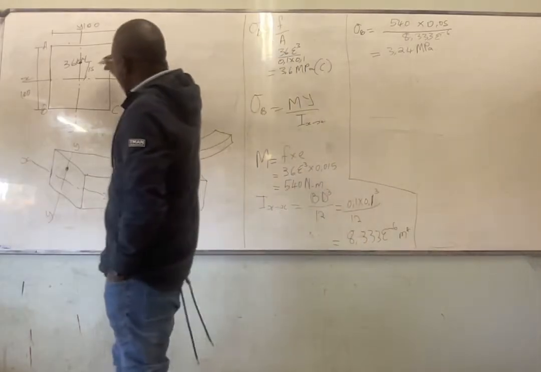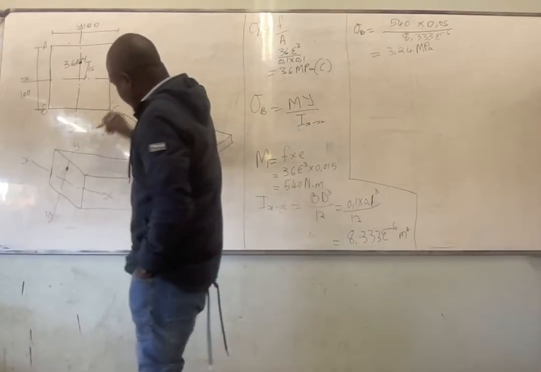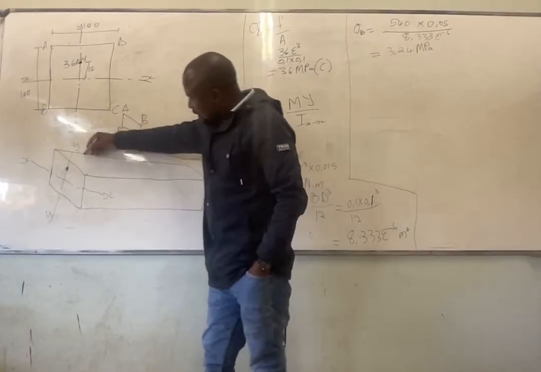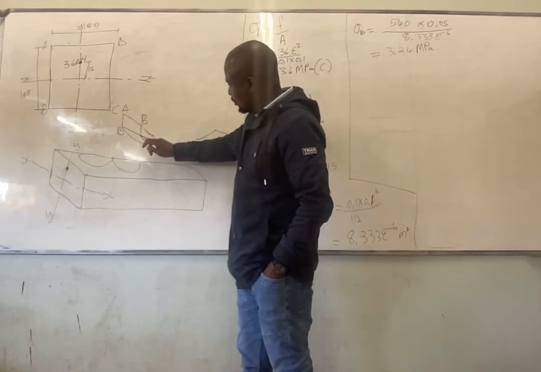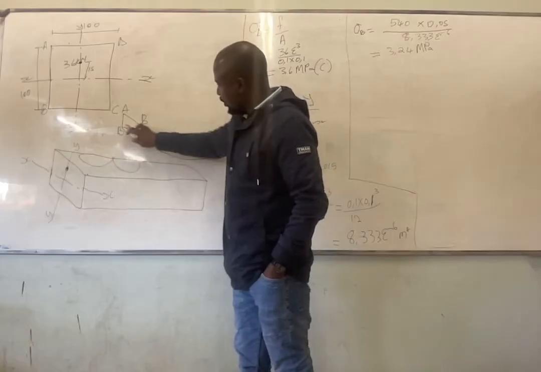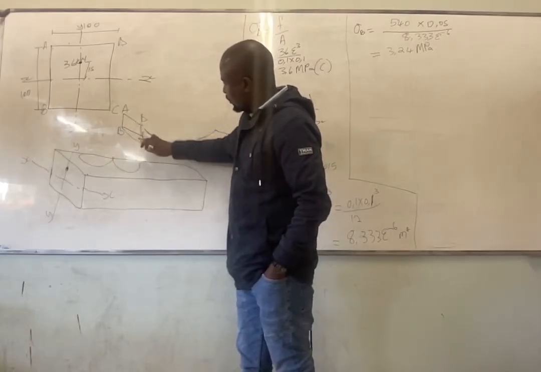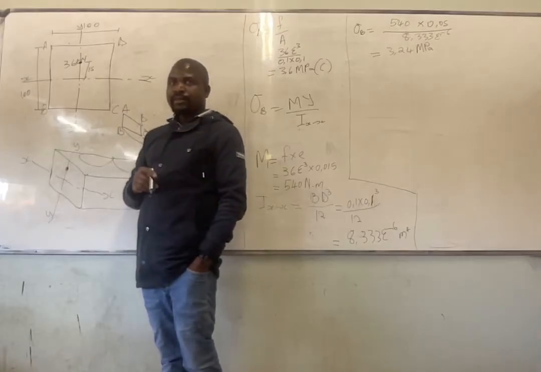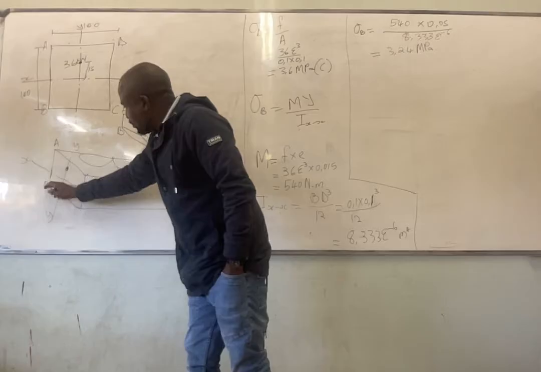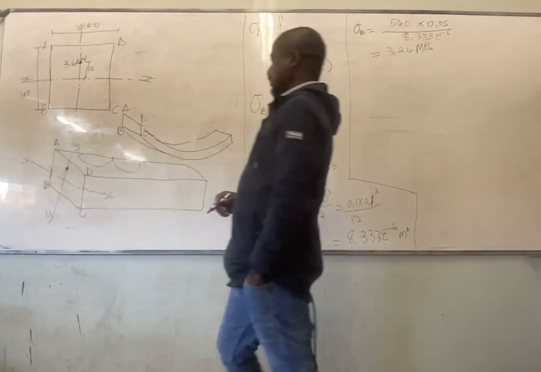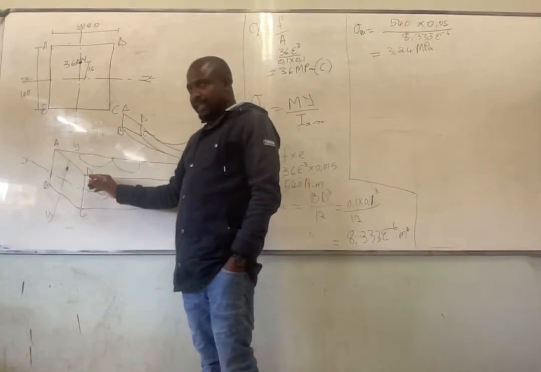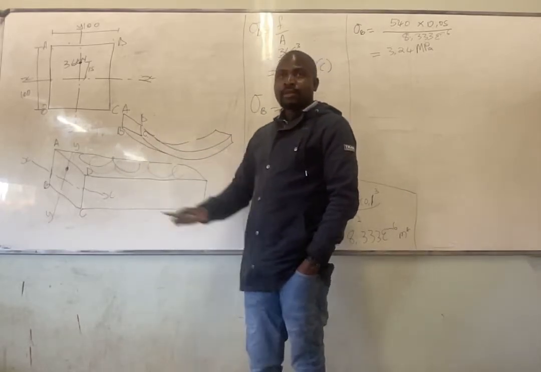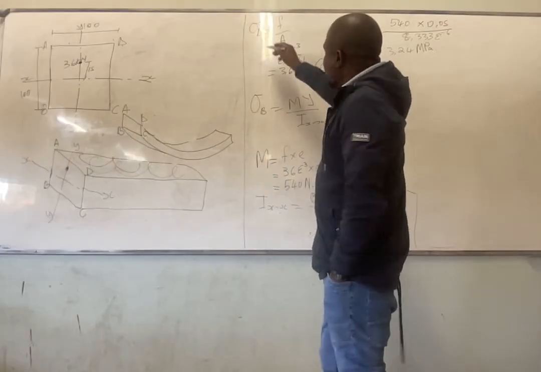In this case, they want us to find AD, right? AD is here on top. So on top, our direct stress is compressive.